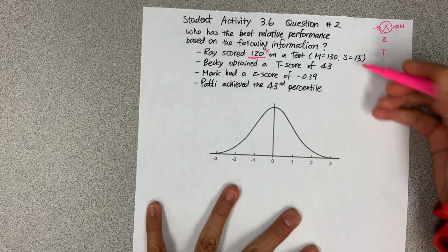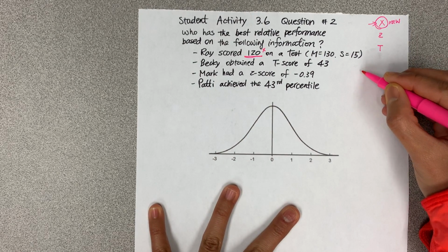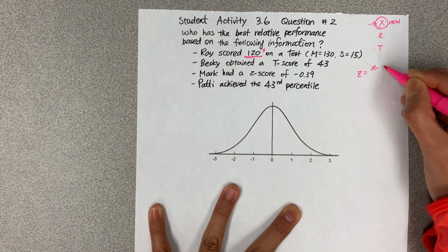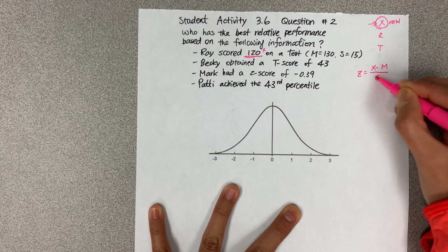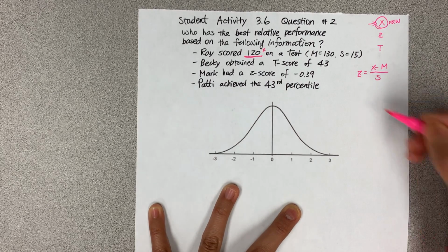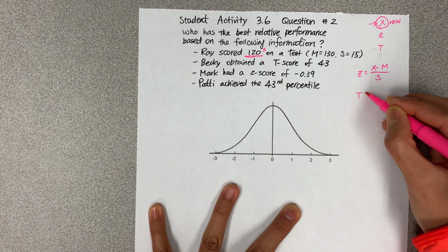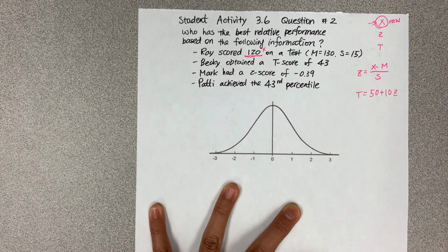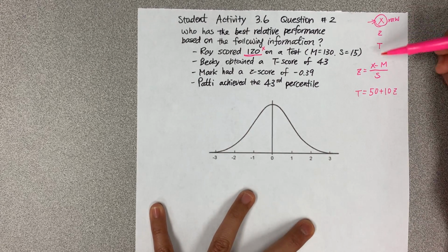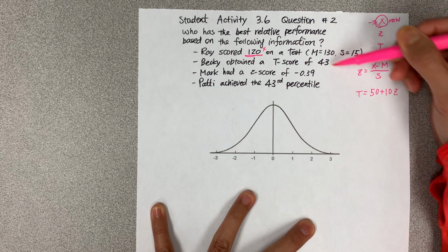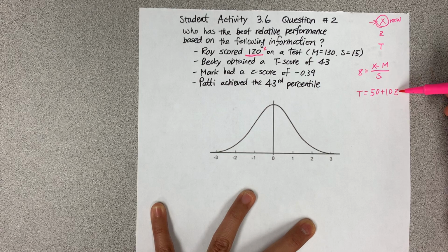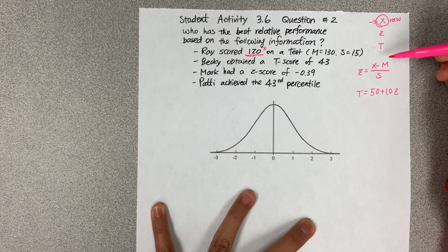So here is the equation. I have the z-score, which is the raw score minus the mean over the standard deviation. And I also have the t-score, which is 50 plus 10z. I actually know the t-score. For Becky, I have 43 here. I don't know the z, but I'm trying to find the x.